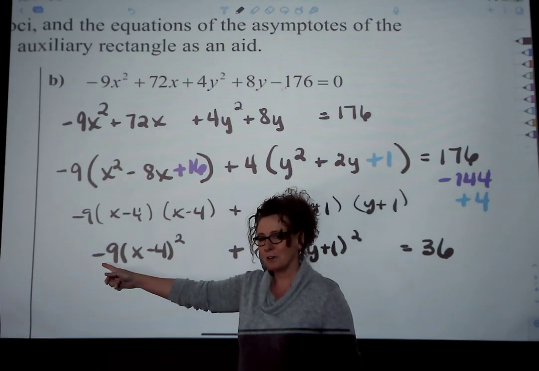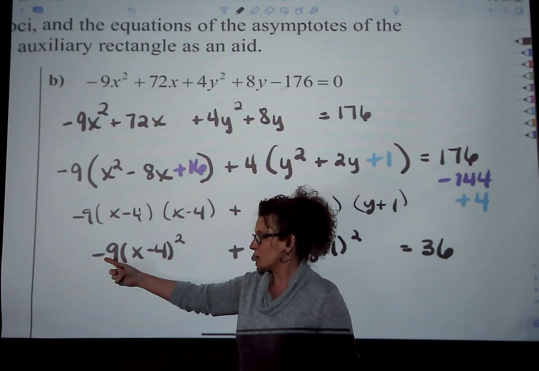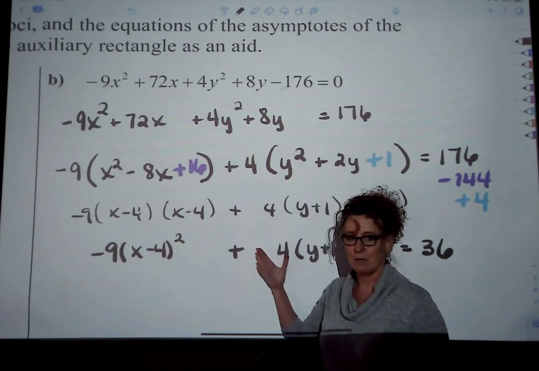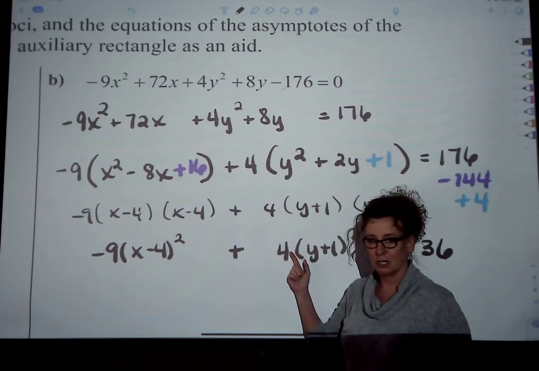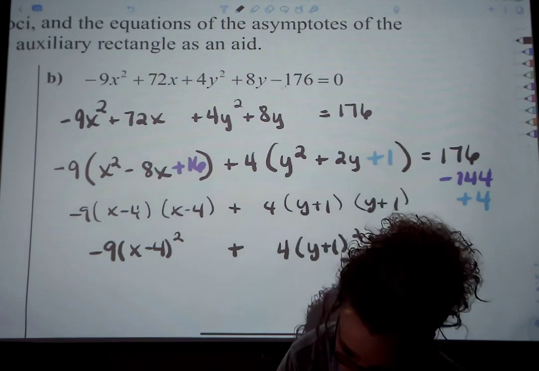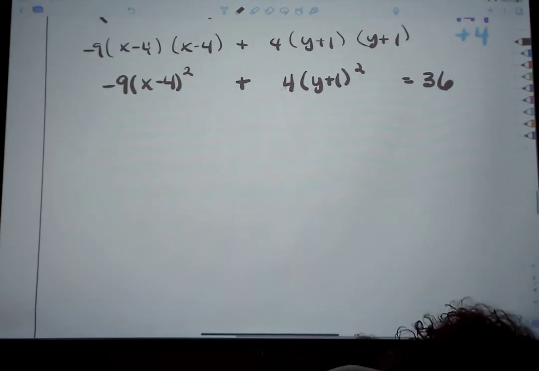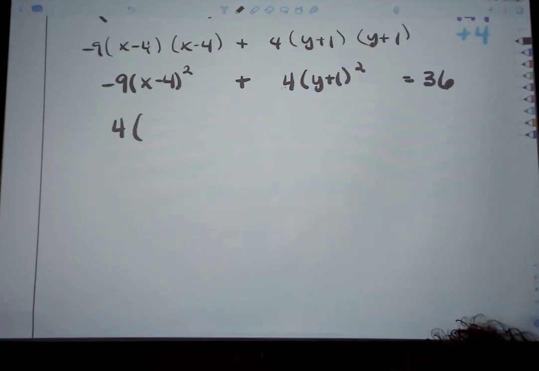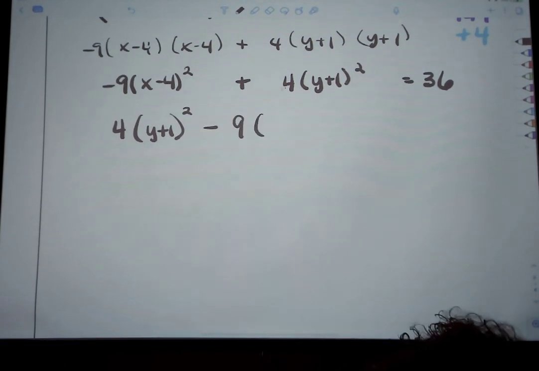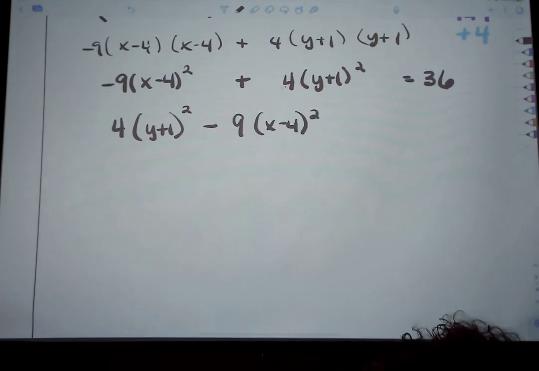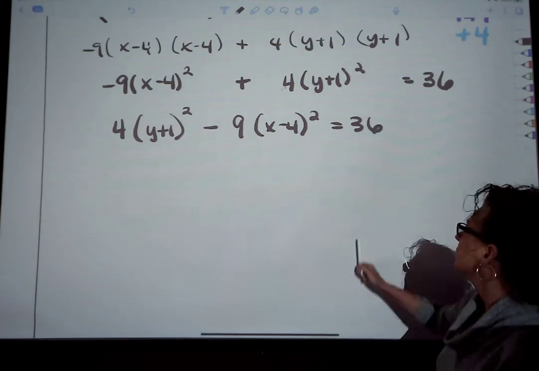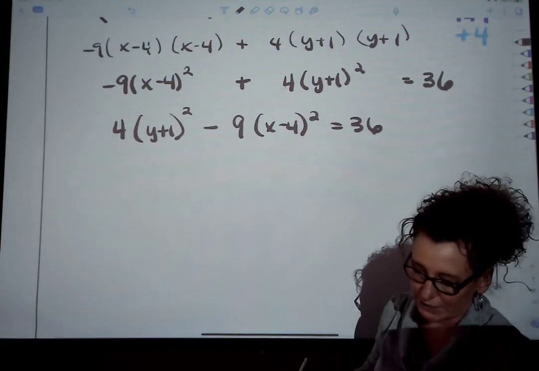So I think what you really want to do is you want to move this term to the middle. Let's put your positive term out front. So I want to write 4 parentheses y plus 1 minus 9 equals 36. But remember, that's supposed to equal 1.